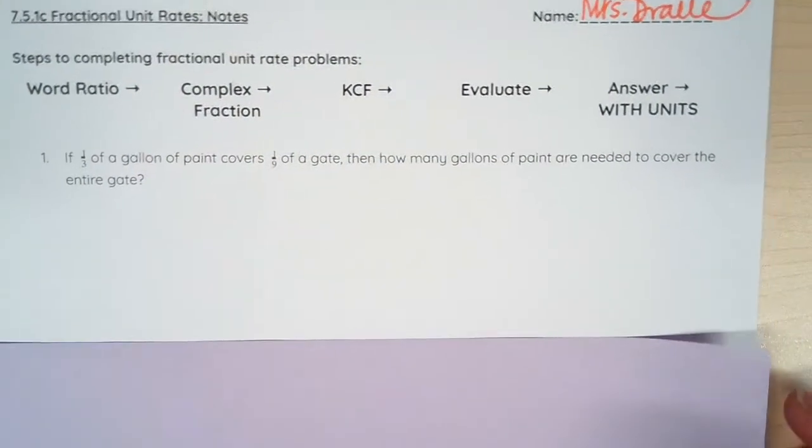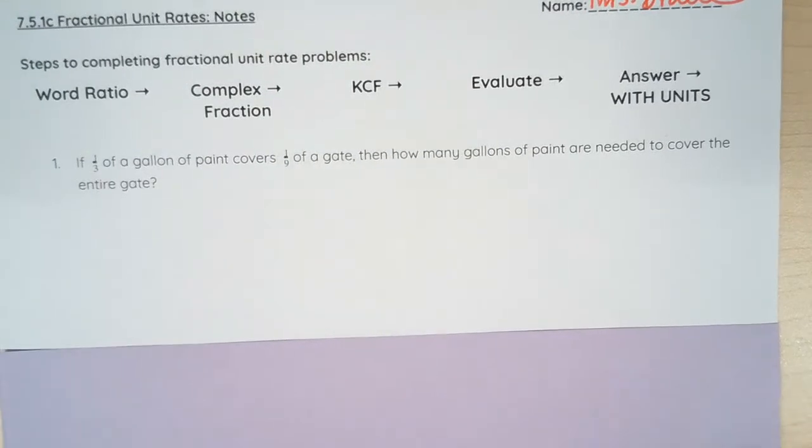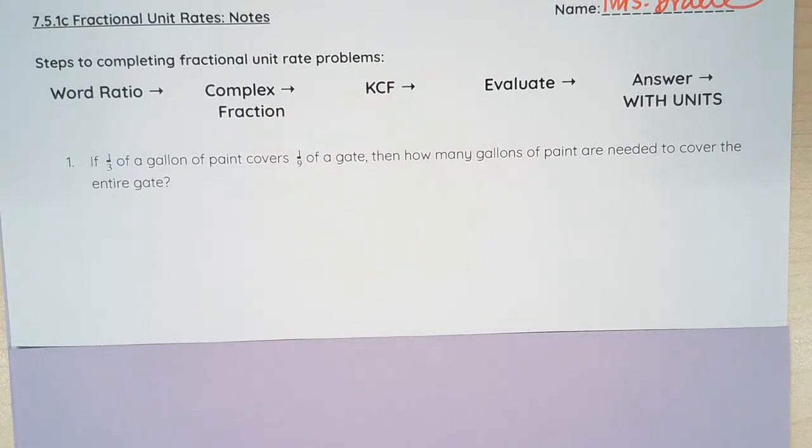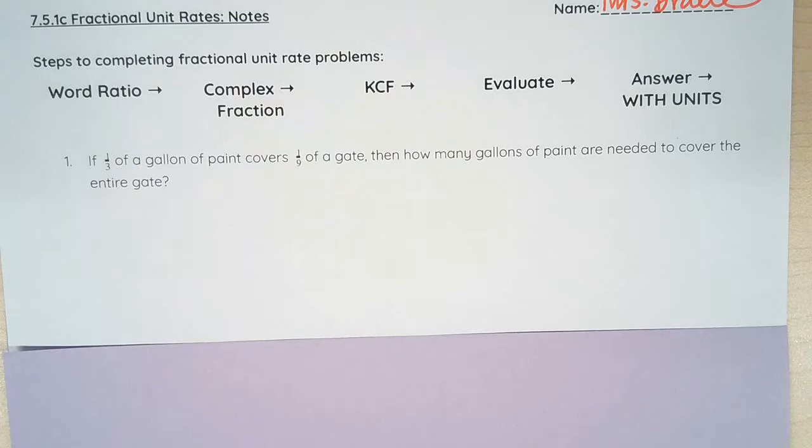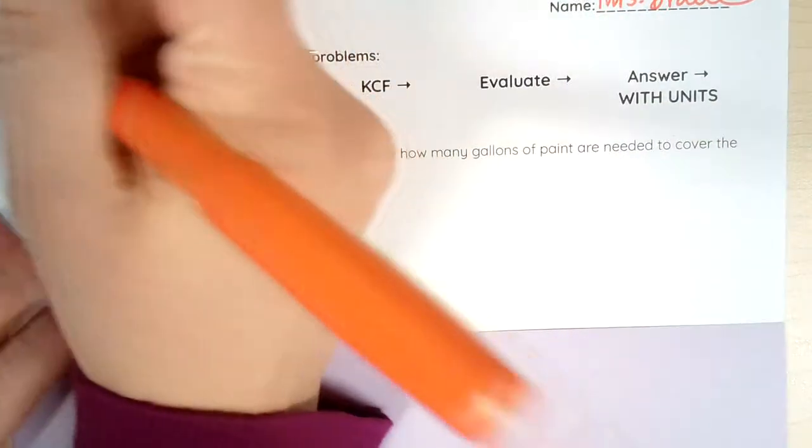It says if 1/3 of a gallon of paint covers 1/9 of a gate, then how many gallons of paint are needed to cover an entire gate? So the first thing that we want to look for is we need to be able to write our word ratio. So we want to know what we want one of.